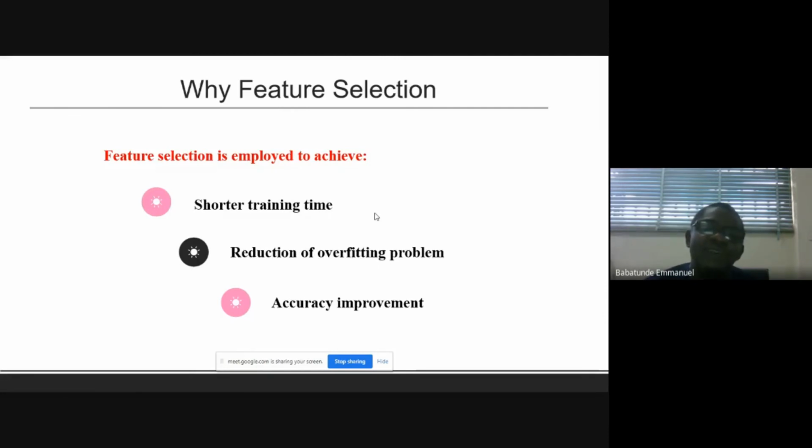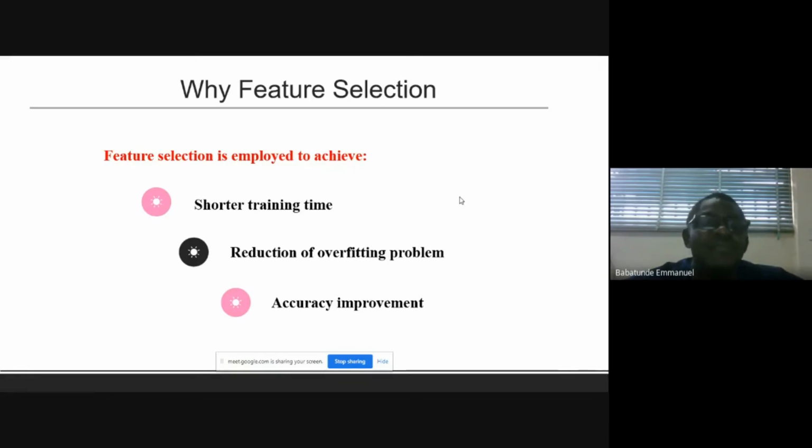It reduces the overfitting problem, and it also improves the accuracy of our prediction. So that means our prediction will be more accurate if we use only features that are significant, features that are important, features that have relevance.